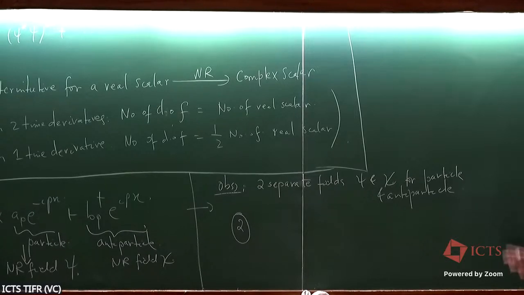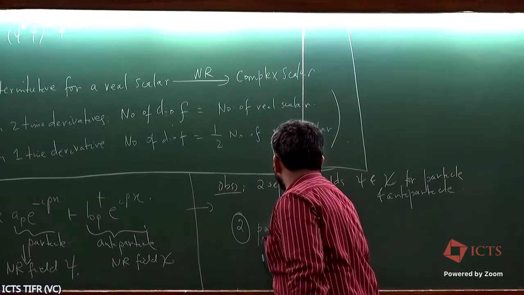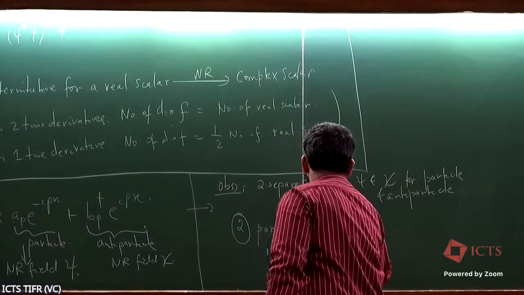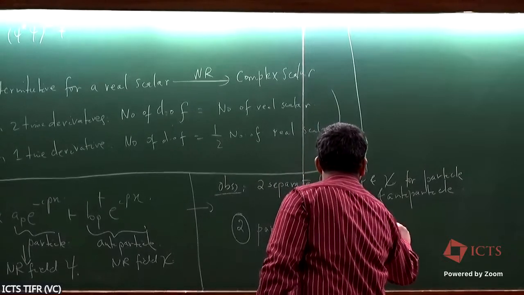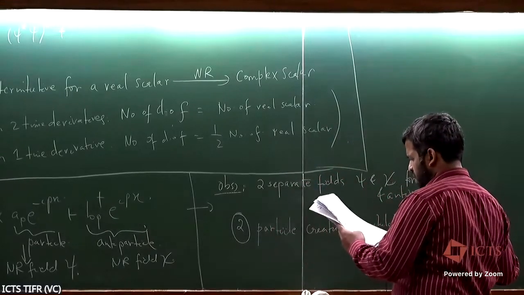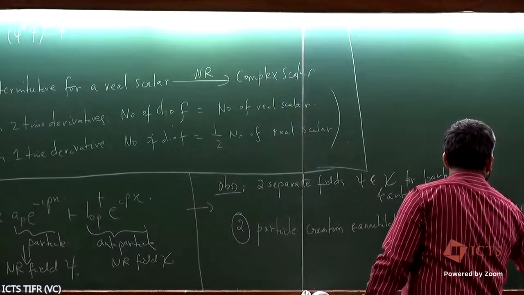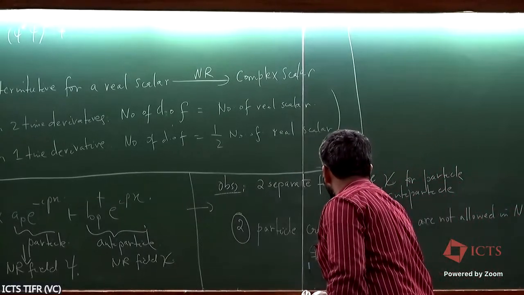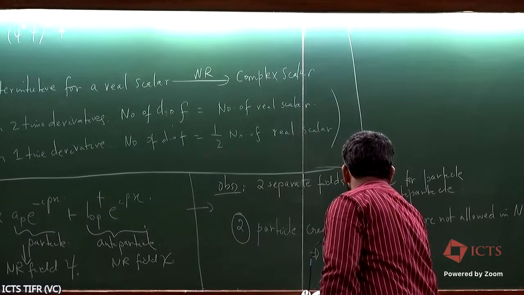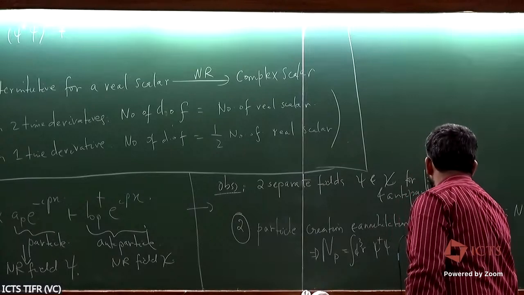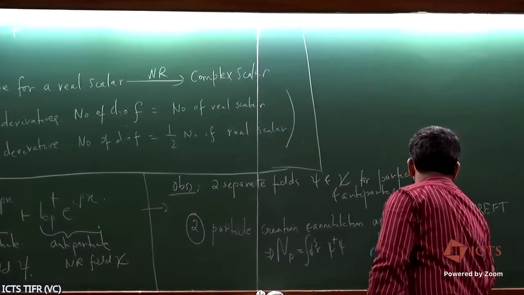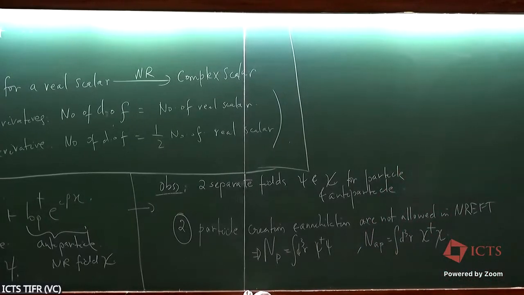There is an alternative way to account for number violating processes if you want to do such studies, but in general, particle creation and annihilation are not allowed in NREFTs, which means the number of particles associated to psi and the number of antiparticles associated to chi are conserved. So these both are conserved numbers.